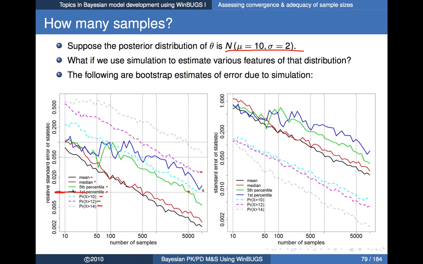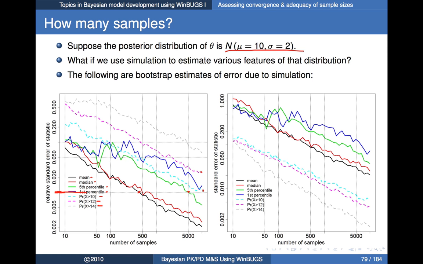So let's talk about the mean first. The mean is this black curve right here, and for example, for a 5% error, it looks like I only need about 20 samples to get a 5% error for this case, but to get a 1%, I've got to come over here, and we're about here, so I'm somewhere less than 500.